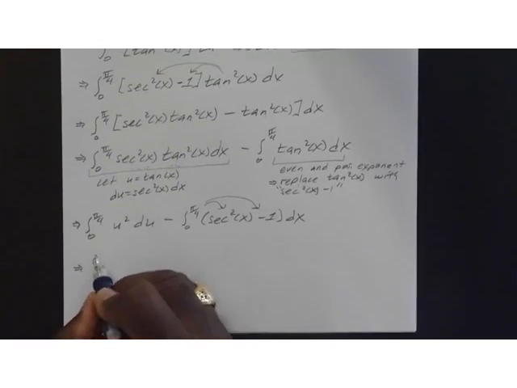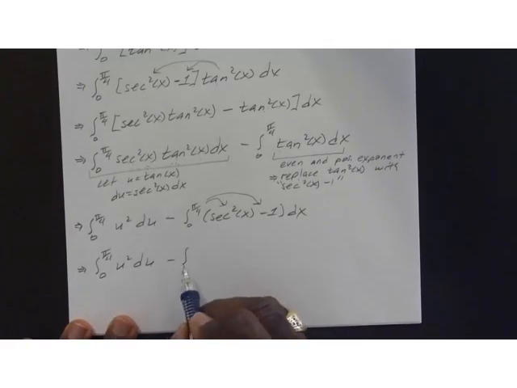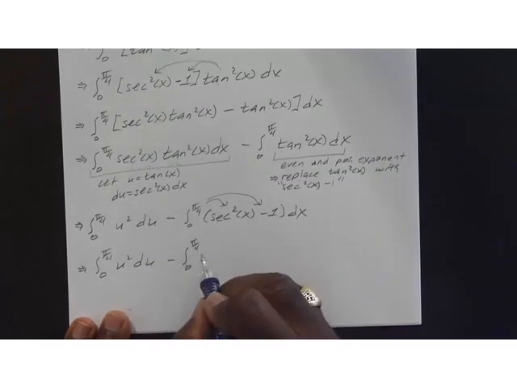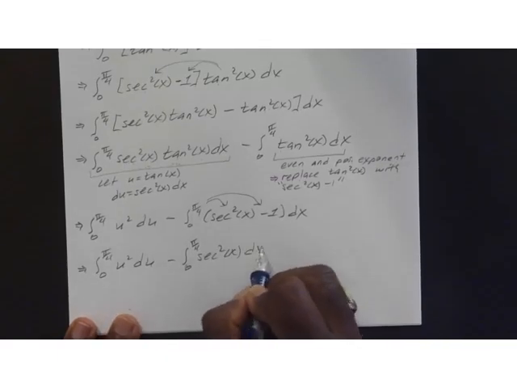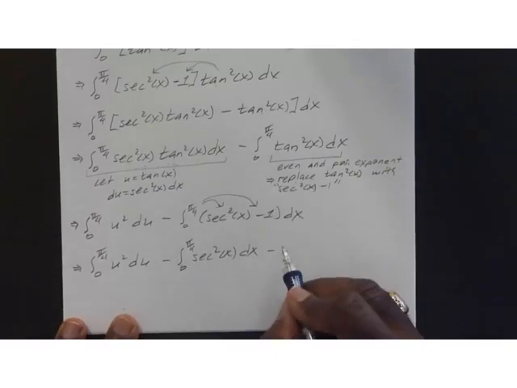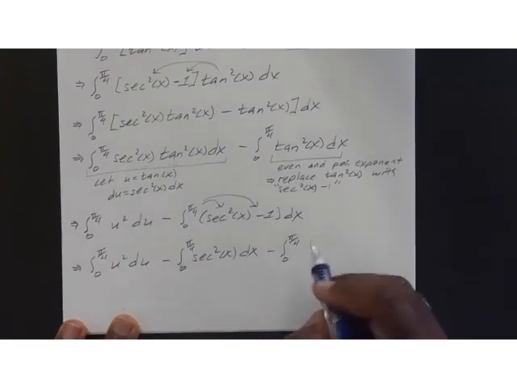We have the integral from 0 to pi over 4 of u squared du, minus the integral from 0 to pi over 4 of secant squared of x dx, because we haven't converted that yet, minus the integral from 0 to pi over 4 of 1 dx.